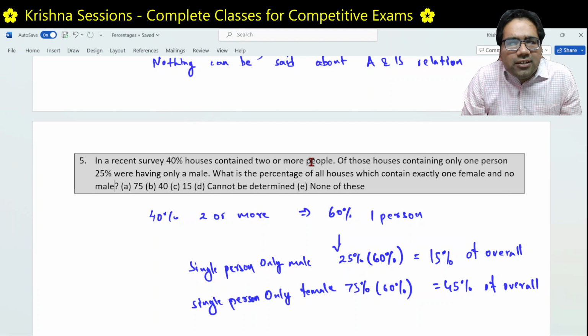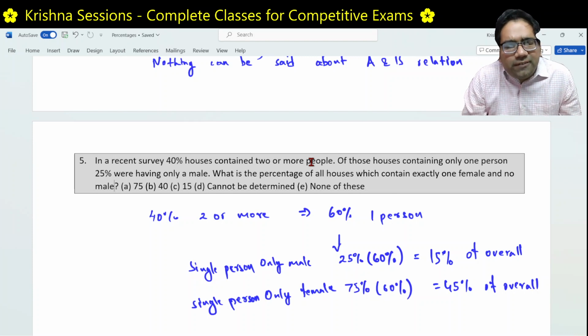Of those houses containing only one person, 25% are having only a male. Of those 60% houses, 25% are having only a male. Let us say if 100 is the number of houses, then 60 houses have only one person. Of those 60, 25% of 60, that is 25% into 60%, which is equal to 15%. 15% of overall, right?